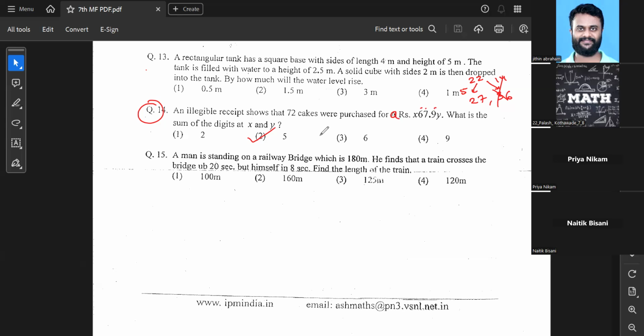But since 72 is equal to 8 multiplied by 9, you directly take 9 and no need to take 3. If you're taking 9, the 3 is automatically covered in that, right? If any number is divisible by 9, it is understood it is divisible by 3. So you don't have to consider 3 separately. Okay, sir.